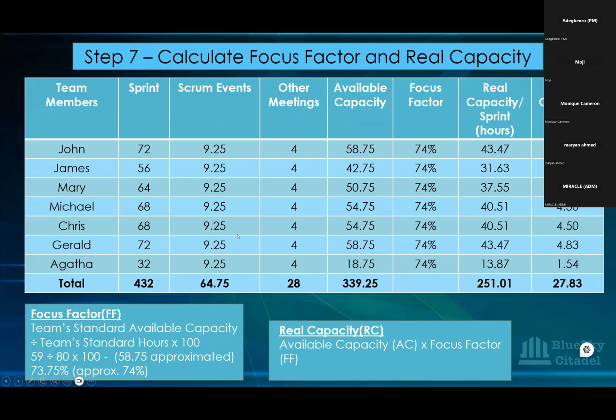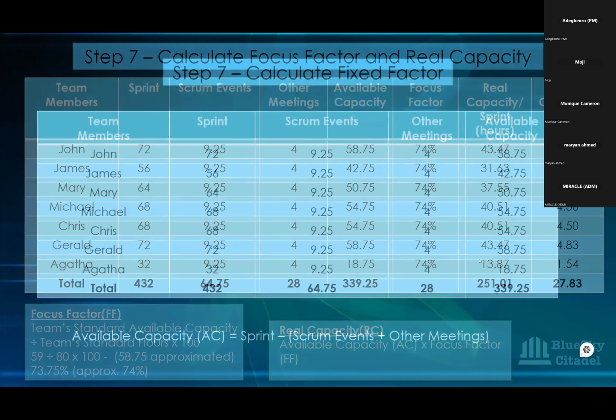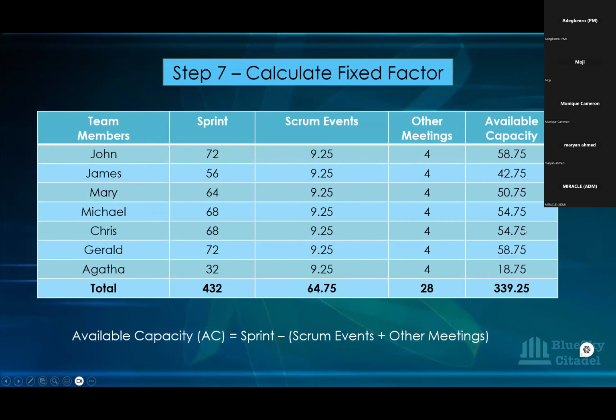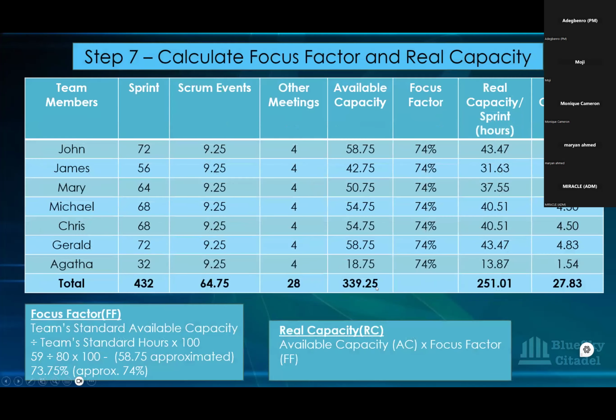We've looked at the deductions that have been made, which is what we have in the previous chart, the available capacity. What this next chart is doing is expanding things more: to get this available capacity, we deducted the Scrum ceremony and the other meetings from the sprint hours.